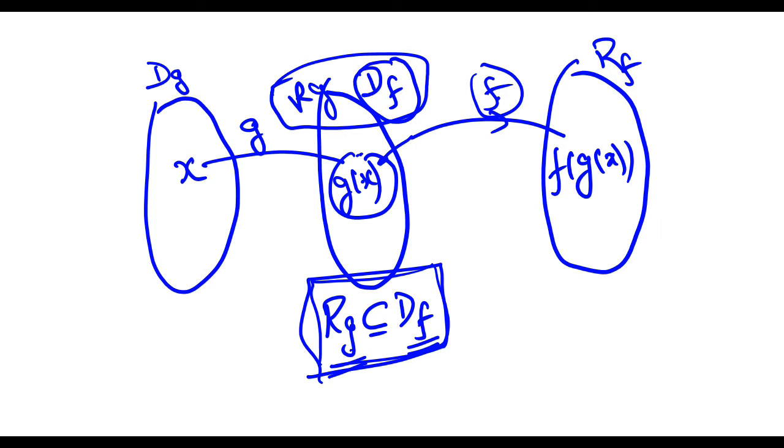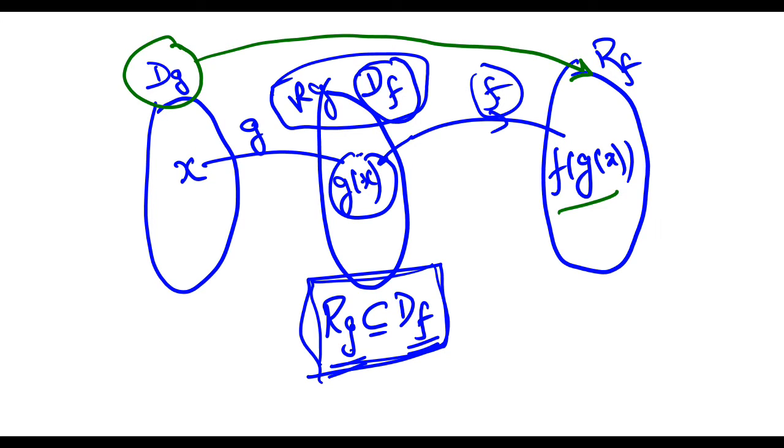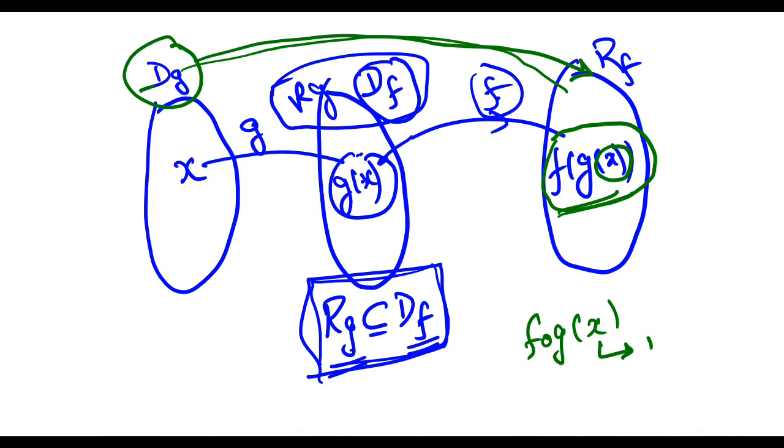And another thing is, you can see that for f of g of x, the x started from the domain of g and came a long way to finally the range of f. So for f of g of x, the x starts from the domain of g and the overall answer goes to the range of f, right?